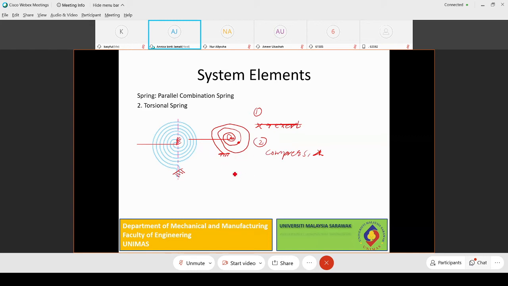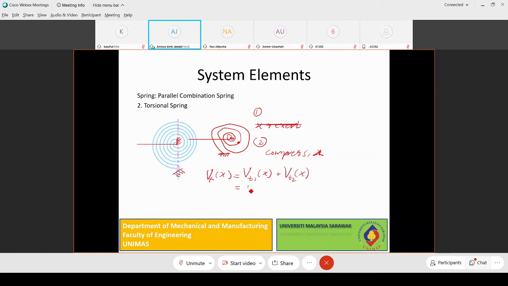So how do we define the potential energy? Still the same. Let's say the potential energy for this torsional spring, we put it as torsional, T. So we put Vt X equal to Vt1 X plus Vt2 X.